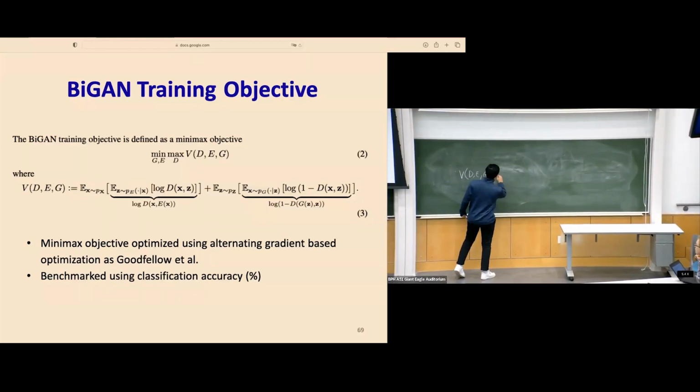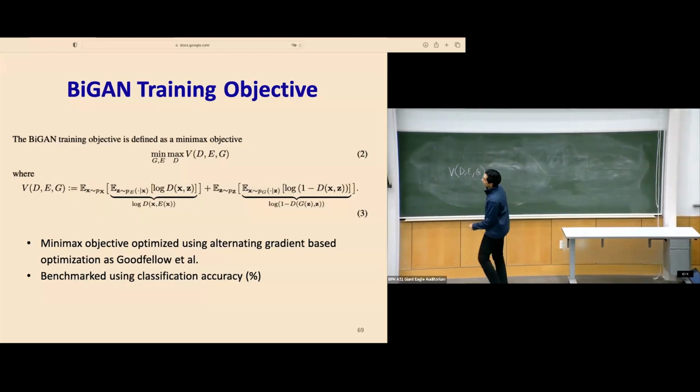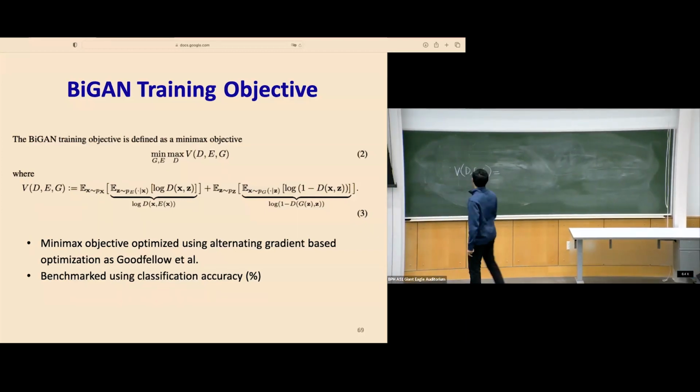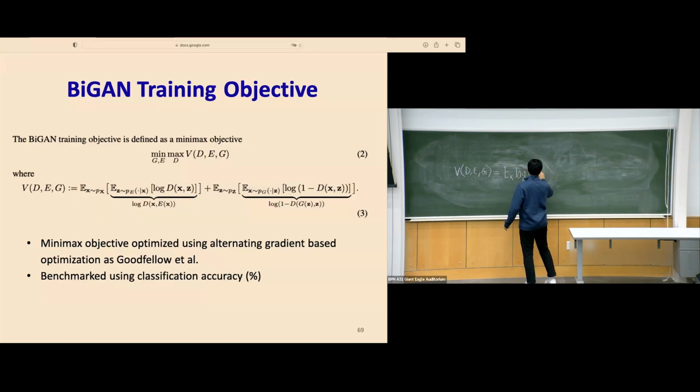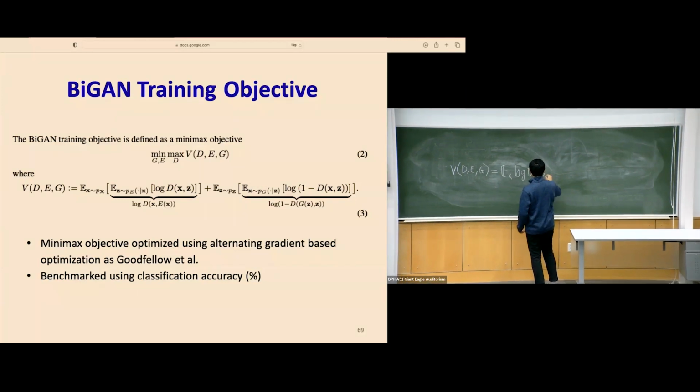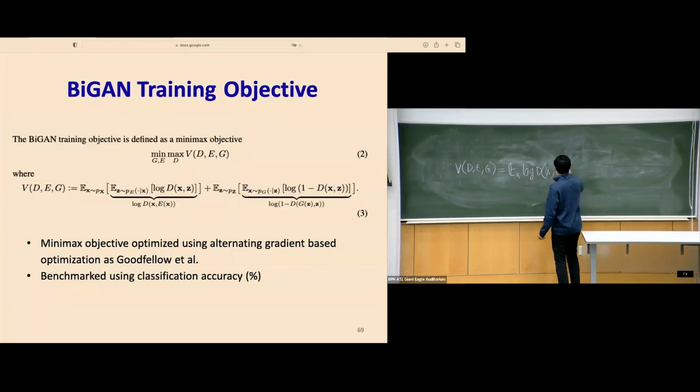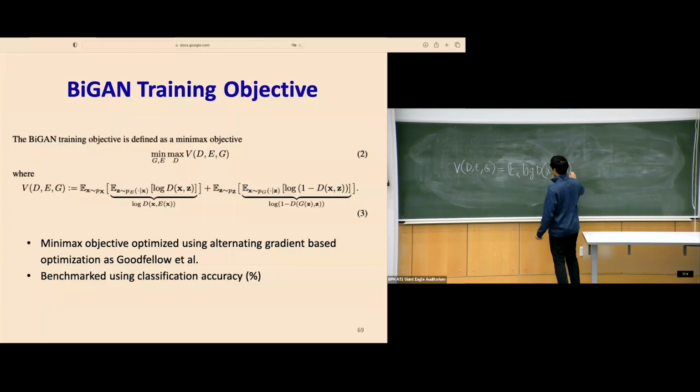And this has two parts. So the first part is the expectation of X, log D, and this is the expectation. So wait, actually, this is incorrect. We have X and the output of the encoder when X is passed into it.